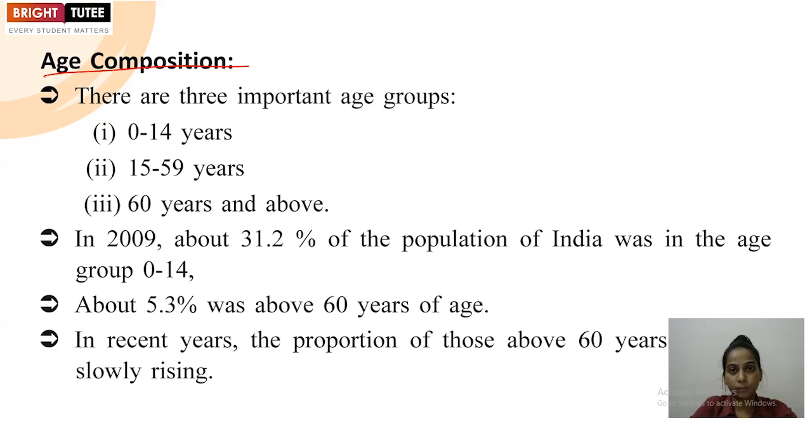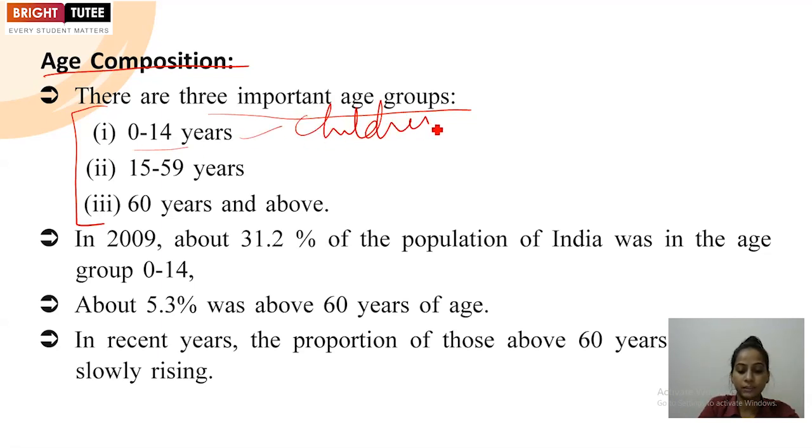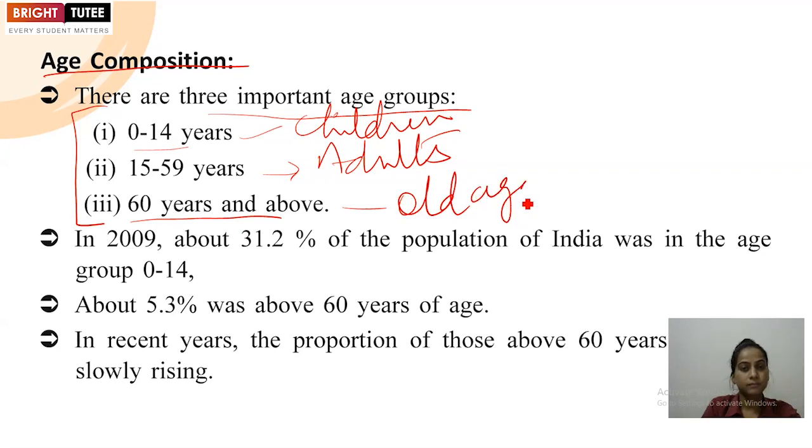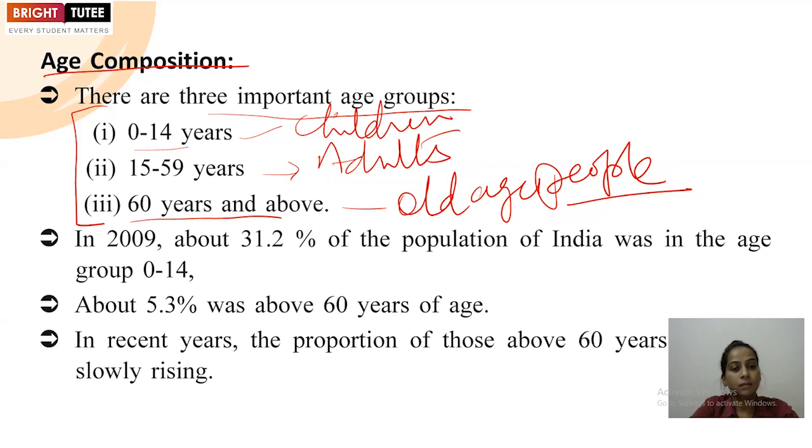According to this, the population of the country is divided into mainly three categories. You can see here, these are the three important age groups that we are going to consider. 0 to 14 years, mainly the children, are under this category. Then 15 to 59 years, the adults, come under this category. And next is 60 years and above, the old age people, who come under this third category.